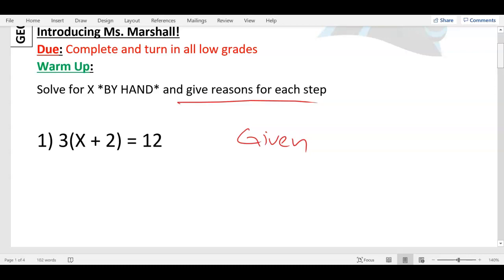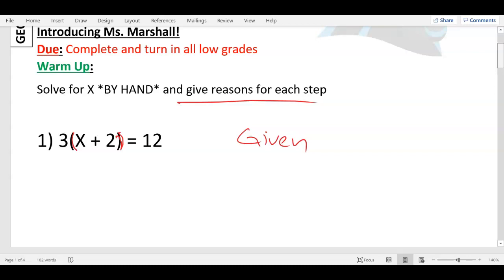So if you have a number in front of a parentheses, what do I do with that 3 and this whole parentheses? Okay, multiply, but it's this fancy word. This is called distribution.